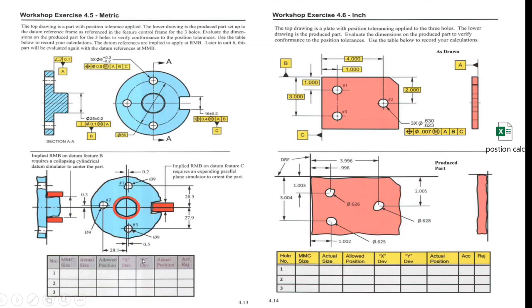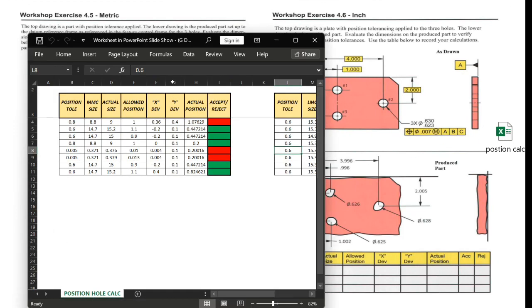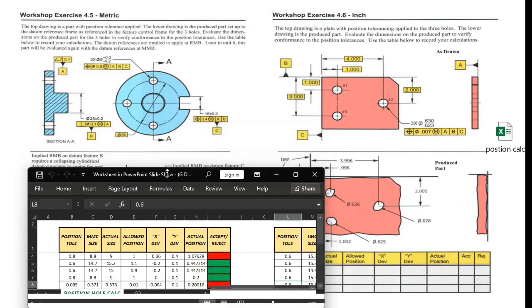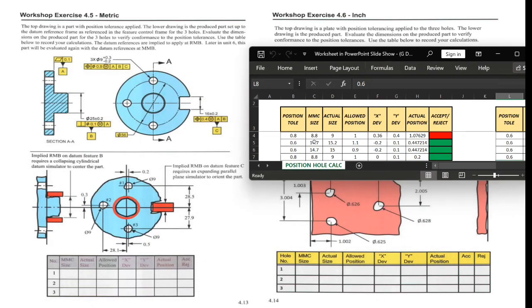Then again, here we could solve these problems with the same Excel calculator. The MMC size here for these holes, 9 minus 0.2, would be 8.8. Here it's 0.8, and the position tolerance is 0.8, regardless of feature size.